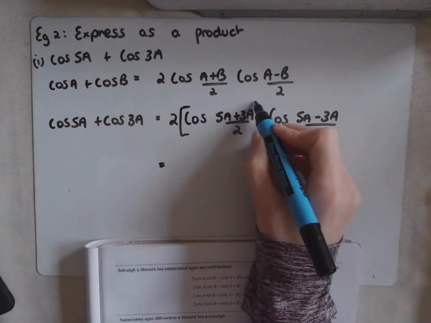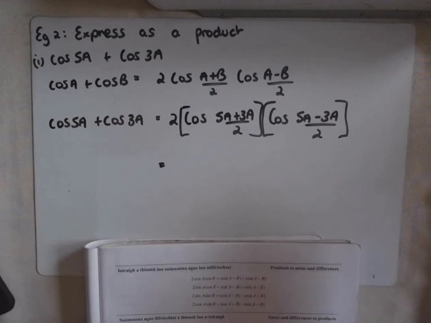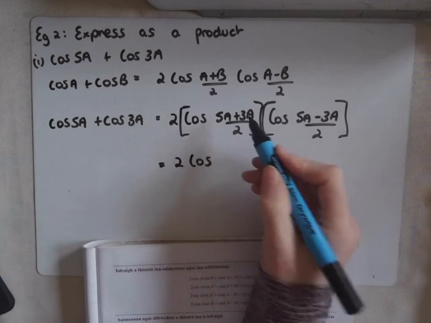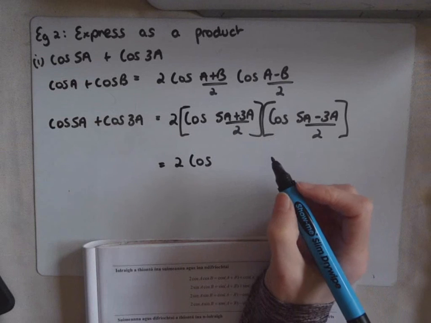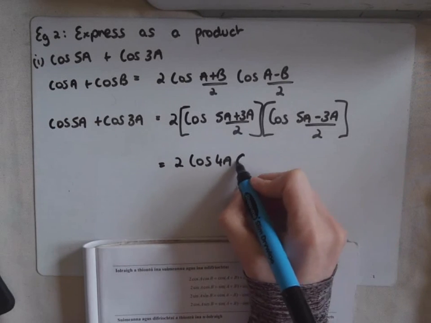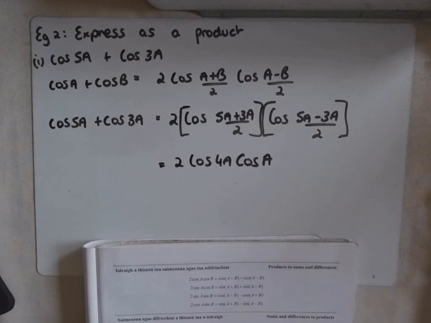If you want to put brackets everywhere you can, but it doesn't matter, it's just all being multiplied. So you get 2 cos 8a over 2, okay, which is 4a, and 2a over 2, which is just a. So that's the answer there. Okay? That's it.